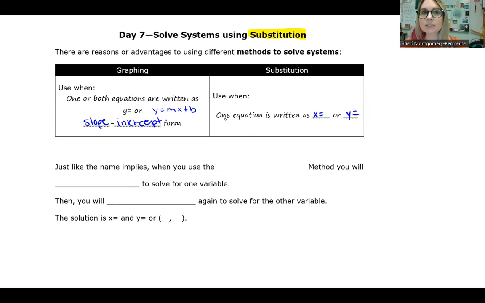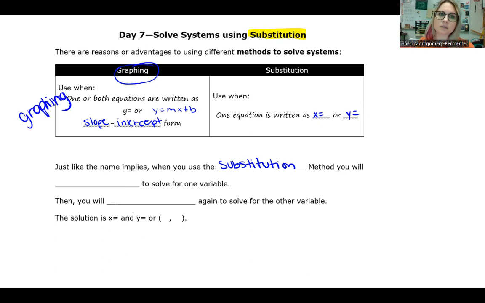Just like the name implies, when you use the substitution method. So the slope-intercept form, that is for graphing. That's what we did last time, graphing.